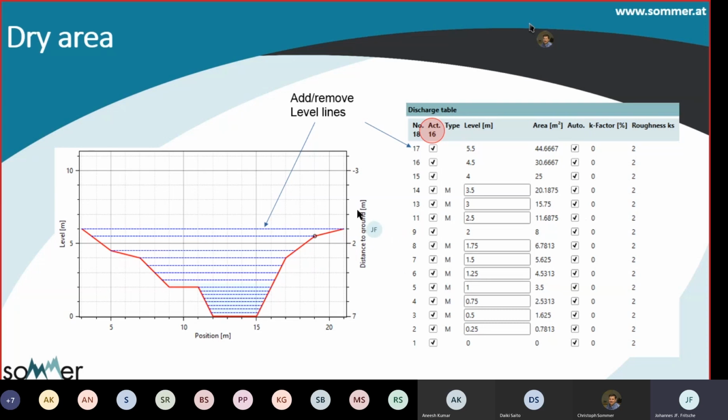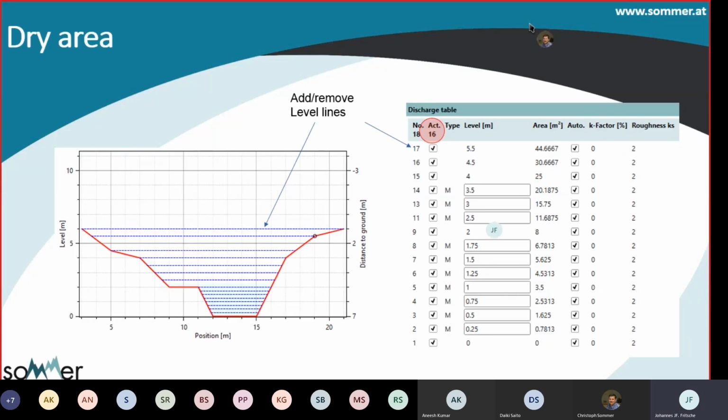Okay, when you have all these data imported, you have to make sure again that your active levels are not more than 16, because you can only import 16 level lines into the Q Commander. So you probably need to deactivate different lines or add other lines, so you reach a count of 16.